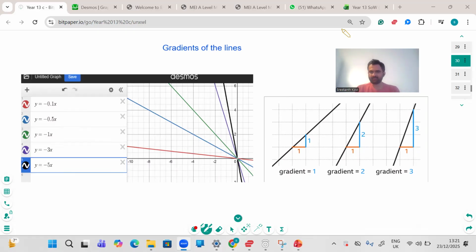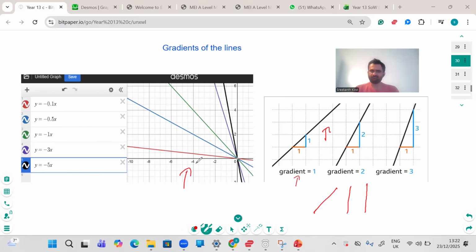For example, when it is a positive gradient, as the line goes up, it is mathematically called steep. As it becomes steeper, the gradient increases. I think this idea is pretty much straightforward. Whenever gradient is positive, as you steepen it, the gradient increases.